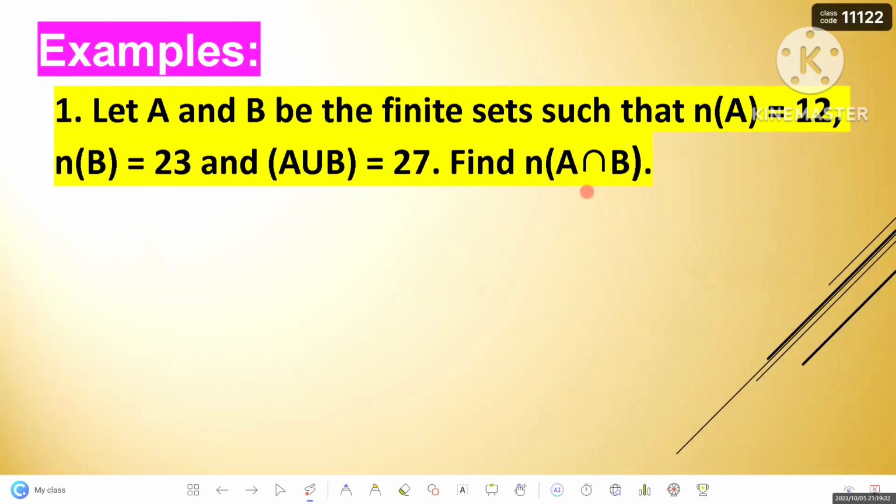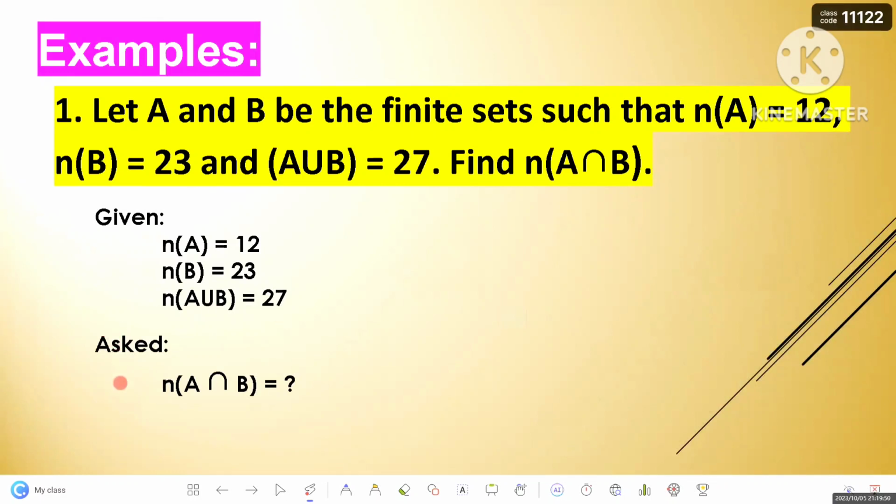Find cardinality A intersection B. The given: cardinality A is equal to 12, cardinality B is equal to 23, cardinality A union B is equal to 27. And asked: cardinality of A intersection B is equal to what?